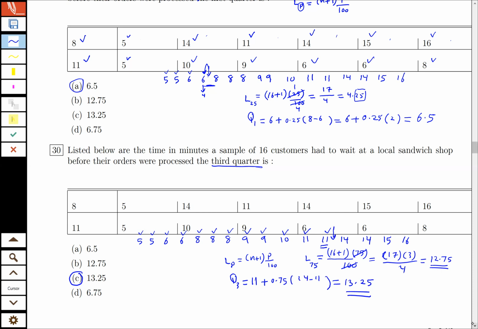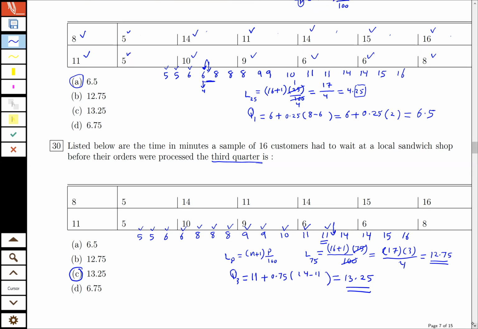The next question is related to the same calculation. We have the first quarter is 6.5, and the third quarter is 13.25. I write them down here.